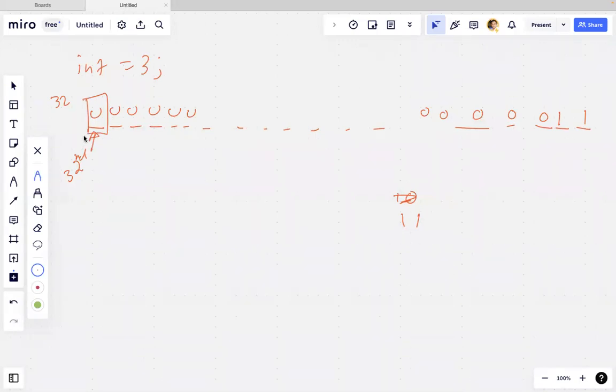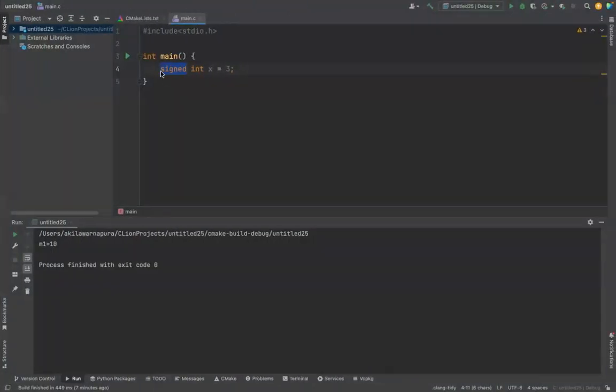Sign means plus or minus. If the value is 0, it is considered a positive value. If the most significant bit is 1, it is considered a negative value. That is the meaning of sign.